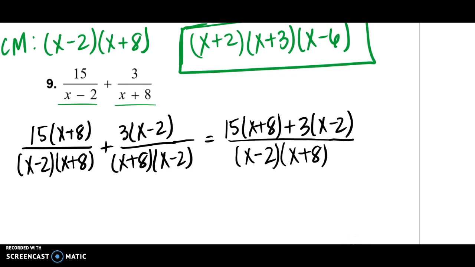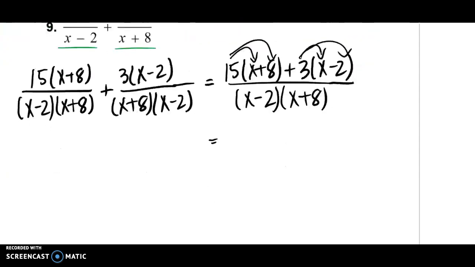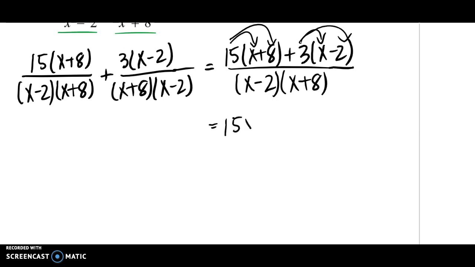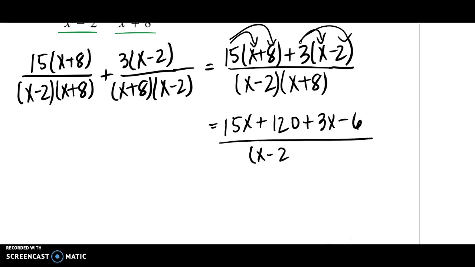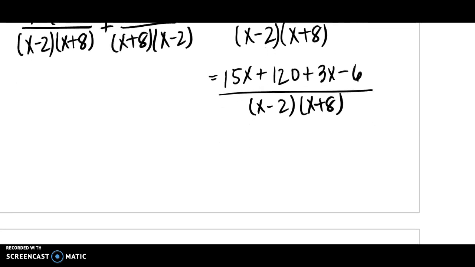Now we're going to distribute across so that we can try and simplify. We're going to get 15x plus 120 plus 3x minus 6, all over x minus 2 times x plus 8. Let's combine like terms.